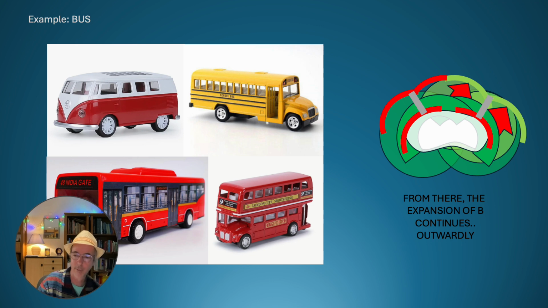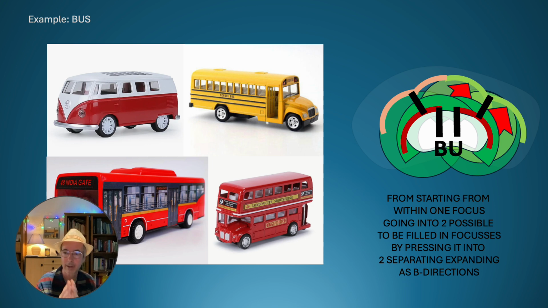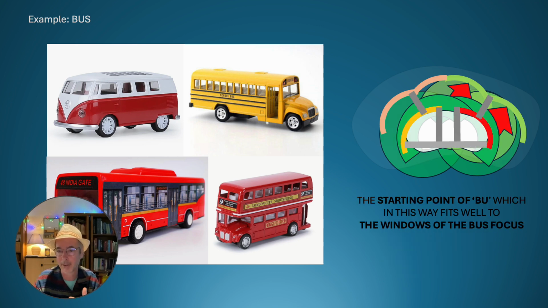Within one focus, it goes also to the side again, continues outwardly, and while it splits from 1 to 2 into these two directions, that unfolds into these almost 3 parts, 2 parts exactly, but 3 focuses that are going to form from there. So now it fits more with the structured focus of the B and the U combined.